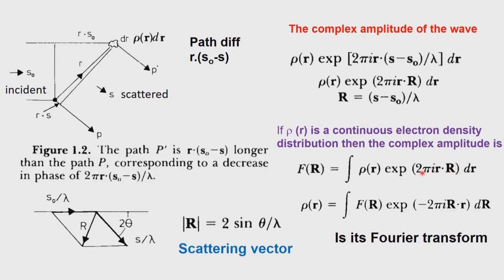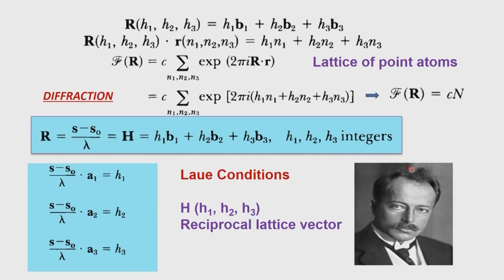What happens when we do this is that r dot R will become h1 n1 plus h2 n2 plus h3 n3. n1 n2 n3 are integers, h1 h2 h3 are integers. So sum of 3 sets of integers will be an integer. So this will be an integral number.